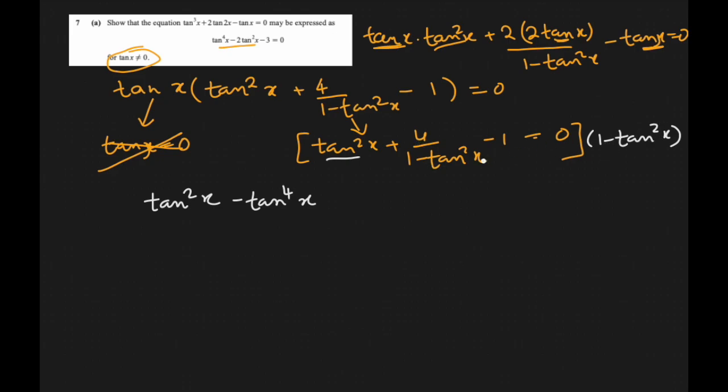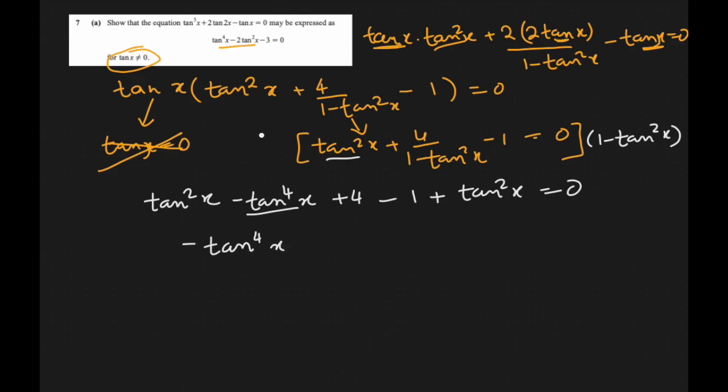1 minus tan square, they will cancel out, so we'll be just left with 4. And that was the purpose of multiplying with this, so that the denominator is gone. Minus 1 times 1 will be minus 1. Minus 1 times minus tan square x will be plus tan square x equal to 0. And if I rearrange them, I'll write the quartic part first.